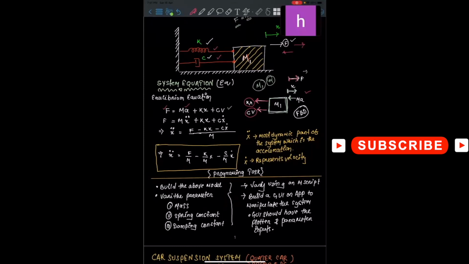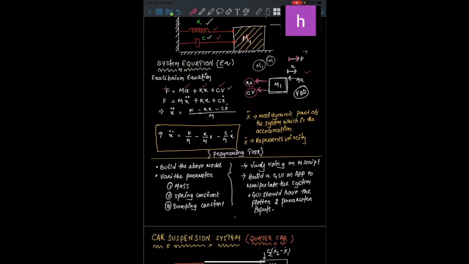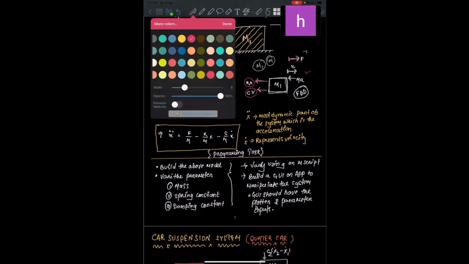Then the energy being stored will counteract the force with the help of the spring, which will be kx. kx is the force from the spring. Next is the damping force. Damping will only happen with respect to velocity, not with displacement. Till this point it is clear.